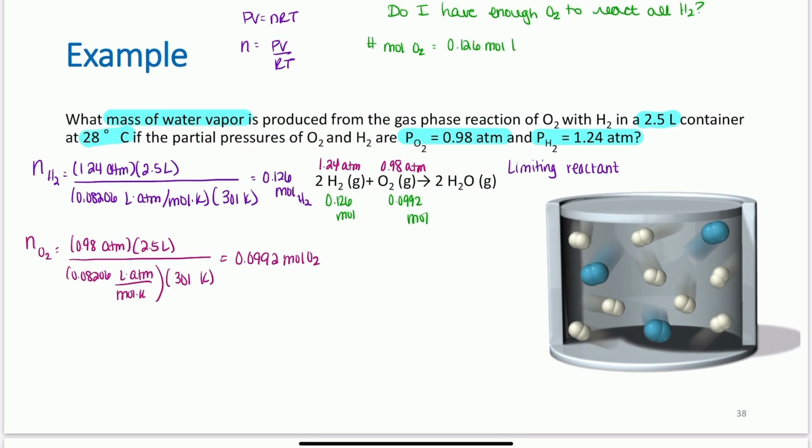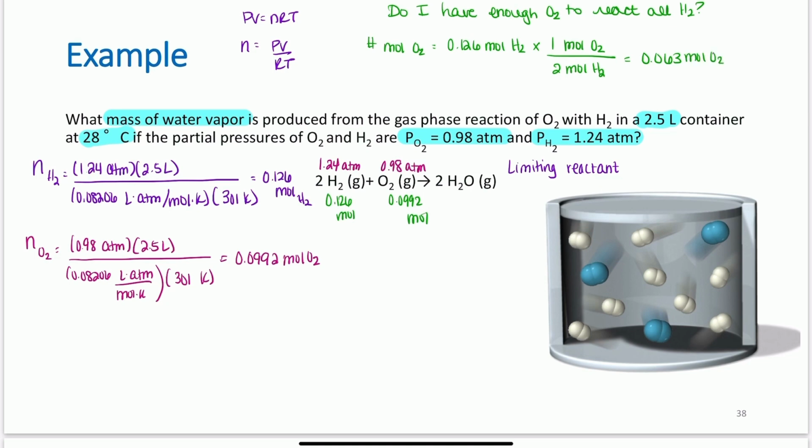0.126 moles of H2. Convert that to moles of O2. 1 mole of O2 is required to react 2 moles of H2. I get out an answer of 0.63 moles of O2.